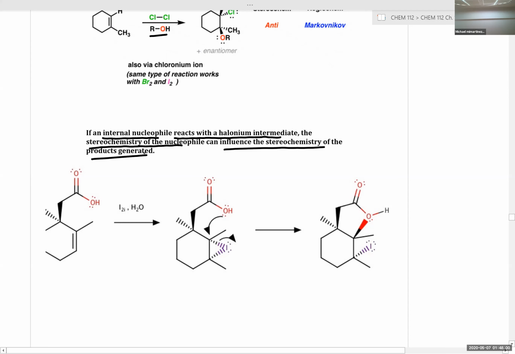Okay, so does everyone notice how our nucleophile is bonded to our cyclohexane ring with a wedge? How it's pointing up out of the page. Does everyone notice that? Okay, so this nucleophile, this internal nucleophile, is stuck on the top face.